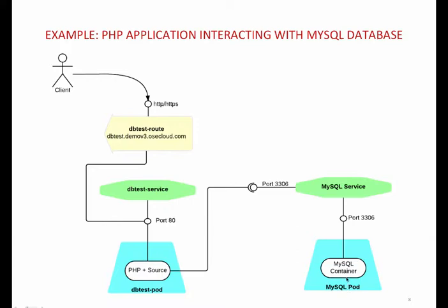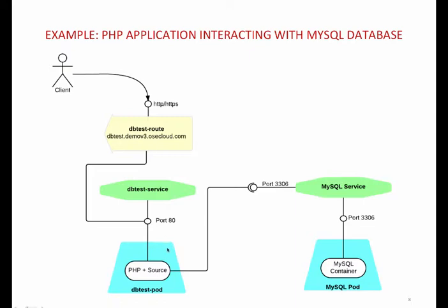its own pod. This is a MySQL container running in a MySQL pod, front-ended by a service that exposes port 3306. Now, the application code that accesses this database is PHP code running in a separate pod, and this PHP source depends on this database exposed at port 3306.